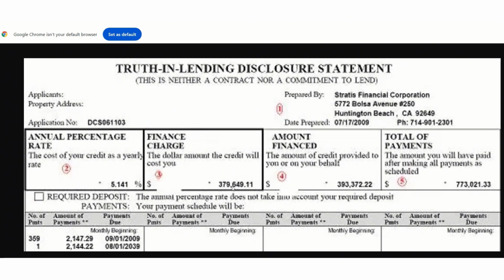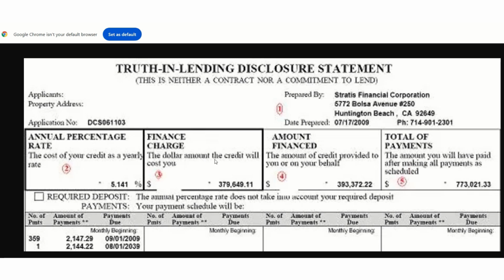We got $379,649.11. All right, there we go. And then we got amount financed, which is $393,372.22. And the total of payments is $773,021.33. All right. So we got to figure out, is this accurate on the truth in lending disclosure statement?